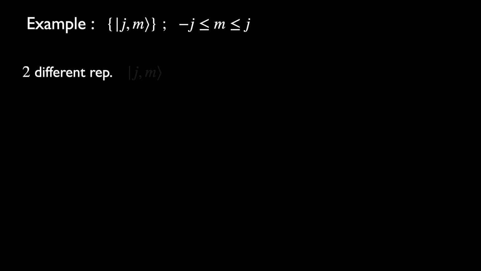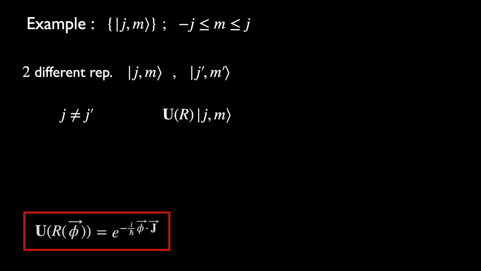A simple example of an irreducible representation of rotations are the angular momentum states of the j-multiplet. Note that two multiplets with different quantum number j must necessarily be two different representations of rotation. This means, however we rotate a state in j, it will always have zero overlap with any state in j'.